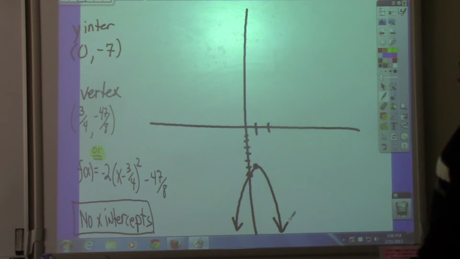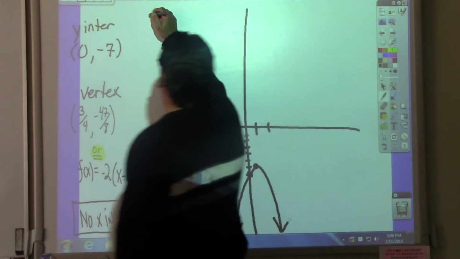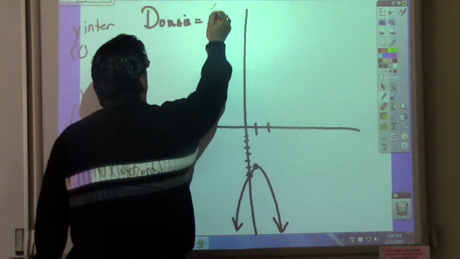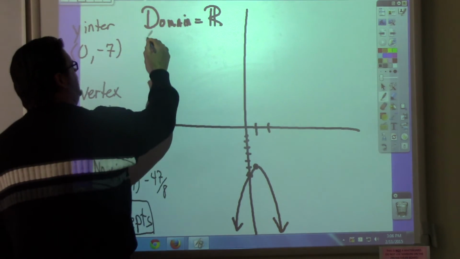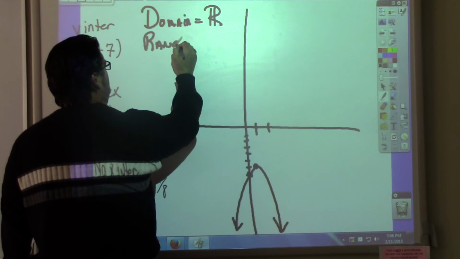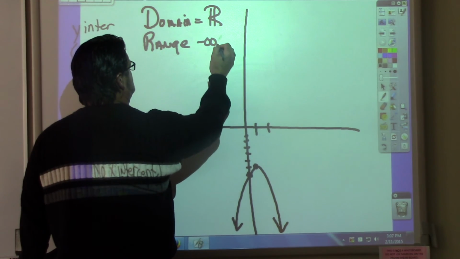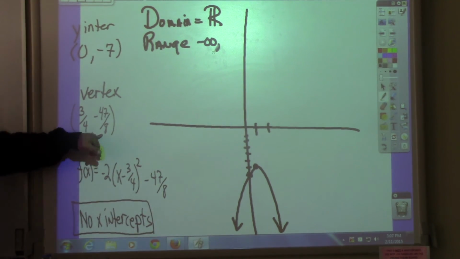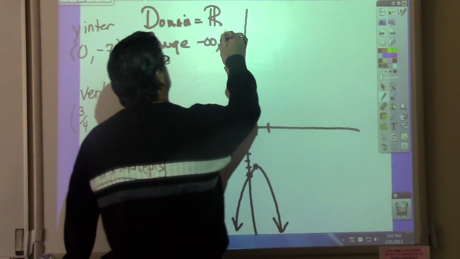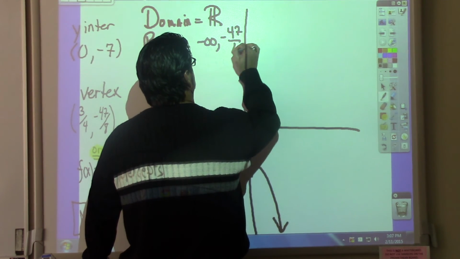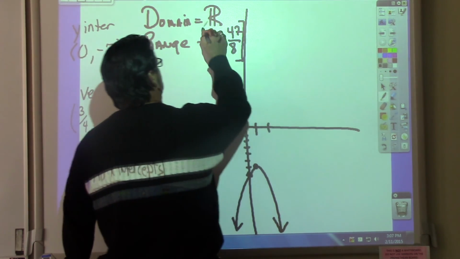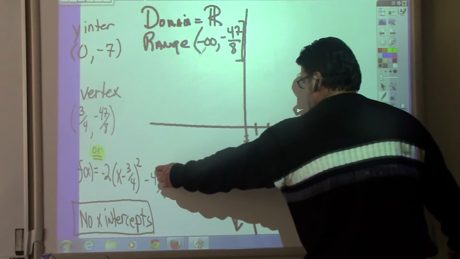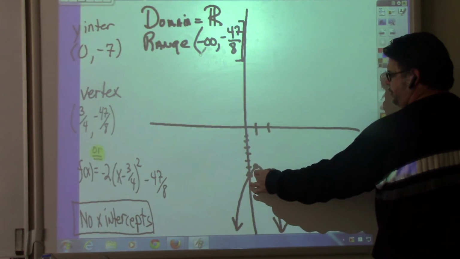So what's the domain? All real numbers, just like always. Range, -infinity to what? -infinity to -47/8. Increasing from -infinity to 3/4.